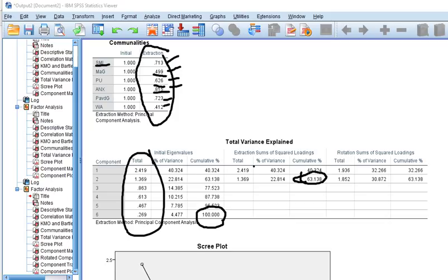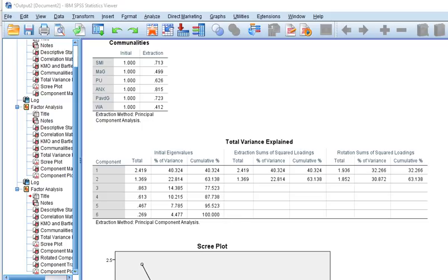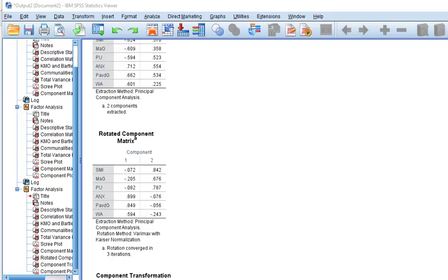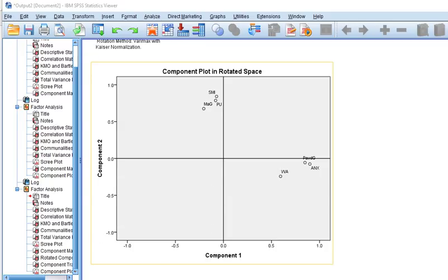One final thing that I want to mention before I stop this video is that the rotation that we performed was Varimax. You can think about it this way: previously, the plot of our components looked like this, prior to rotation.